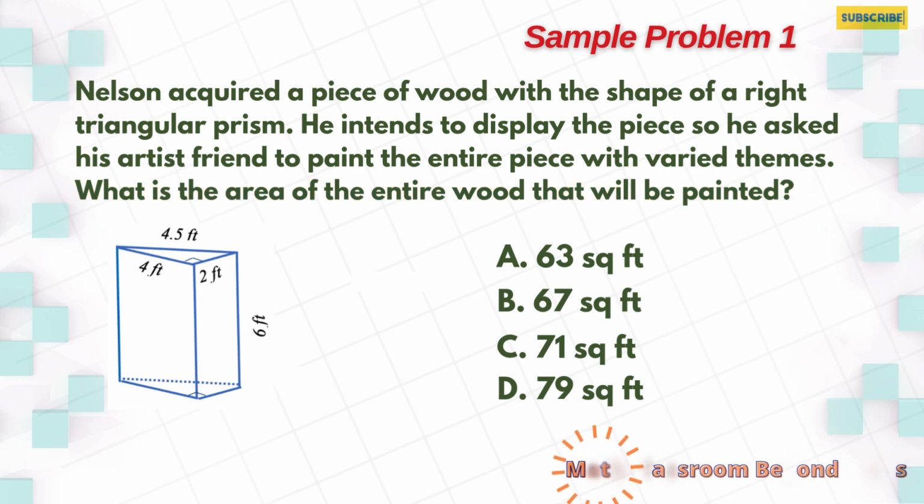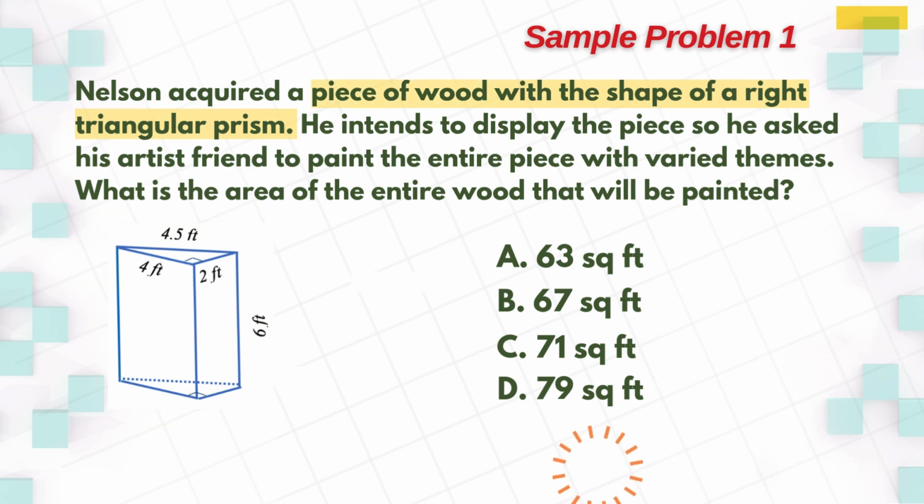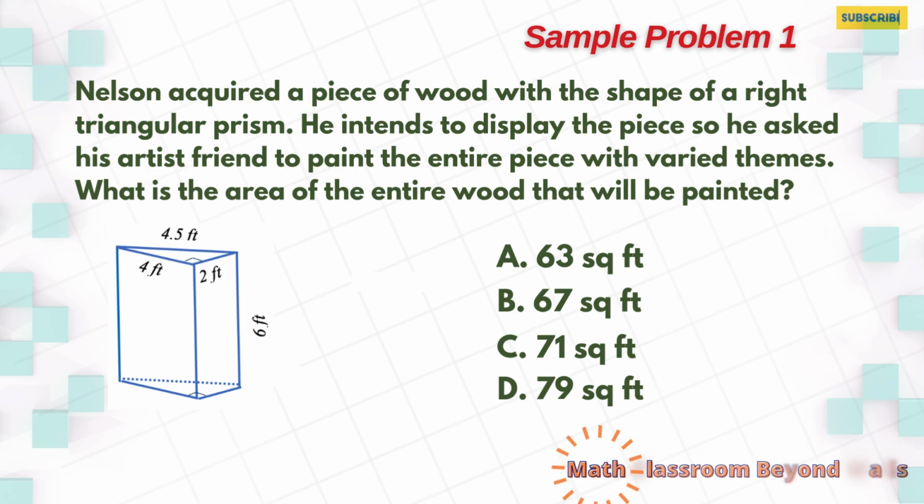We're given a figure of the piece of wood having the shape of a right triangular prism with dimensions. Now, the problem states that the piece of wood has the shape of a right triangular prism. Thus, getting the area of the entire wood to be painted with that shape is like getting the total surface area of the triangular prism.